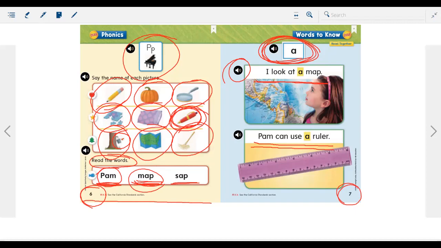And on page 7, I want you to read these sentences over and over. And I want you to follow them with your finger so that you read each and every word without any trouble. So I want you to practice reading pages 6 and 7.